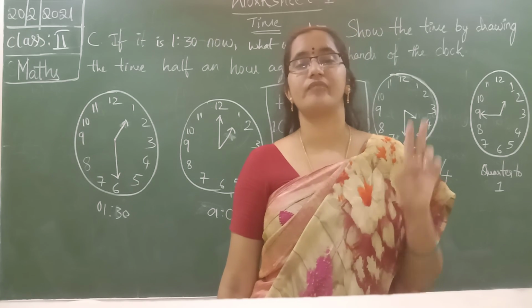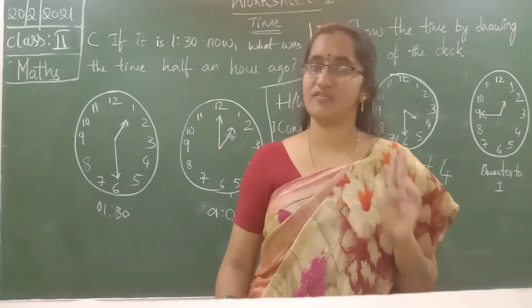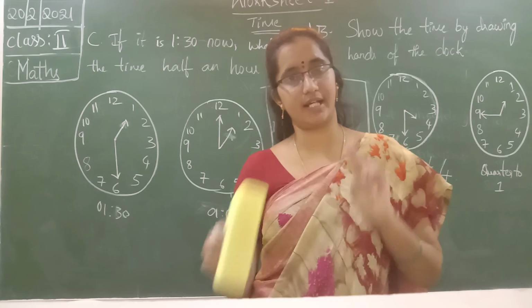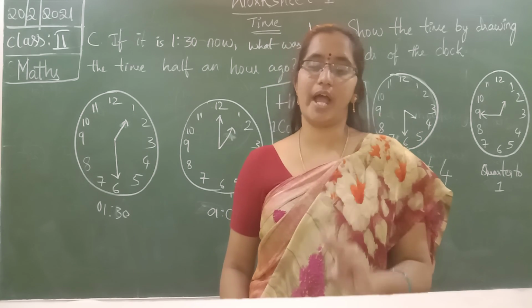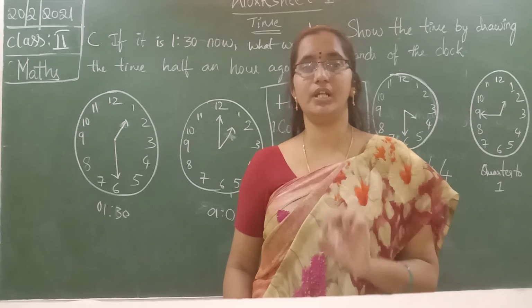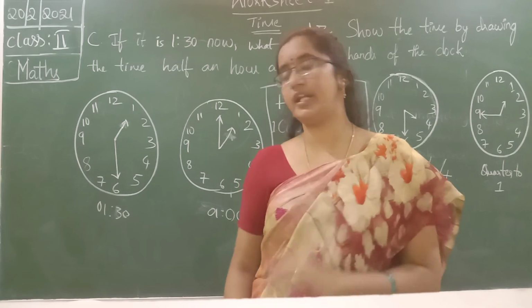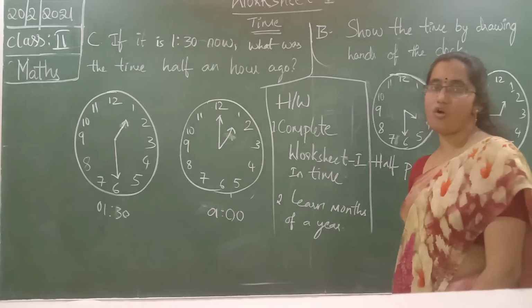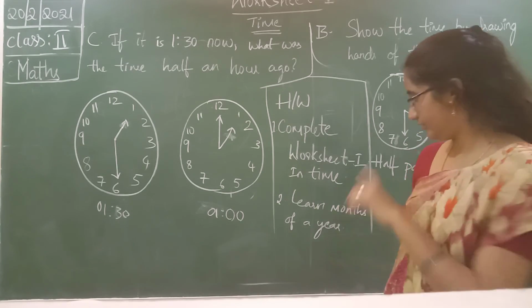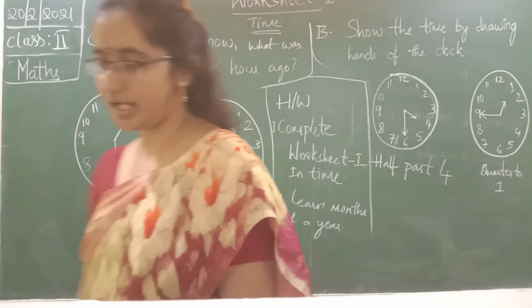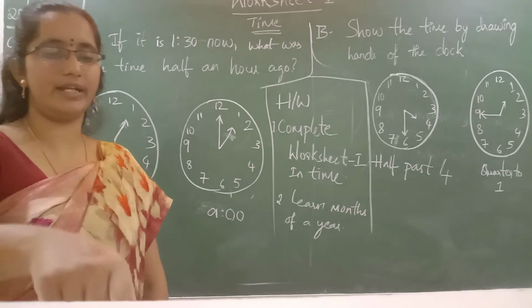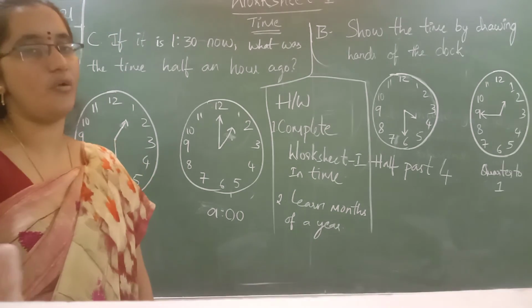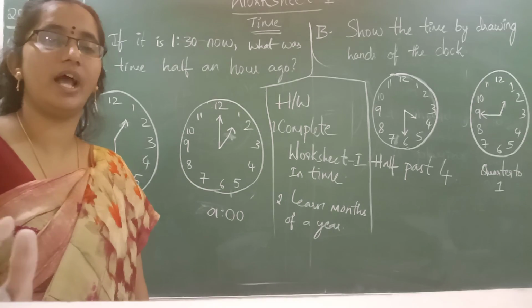Next, know which month has 31 days and which month has 30 days, and do the worksheet bit D after reading the months of the year. And know about the leap year and non-leap year. How many days does a leap year have? How many days will a non-leap year have?